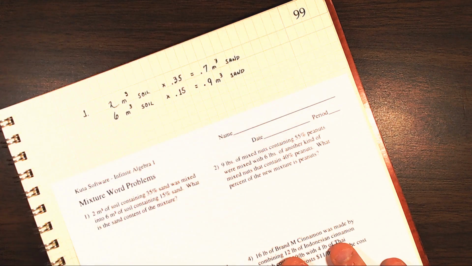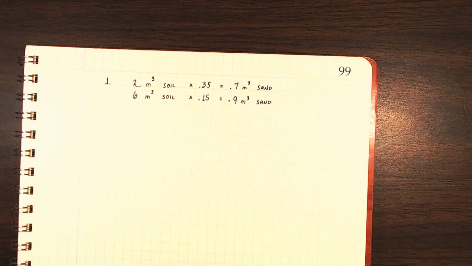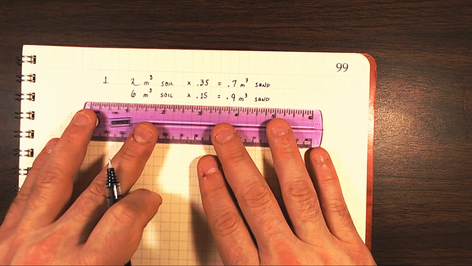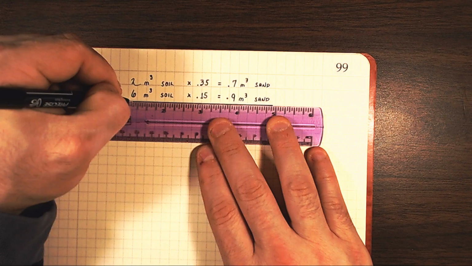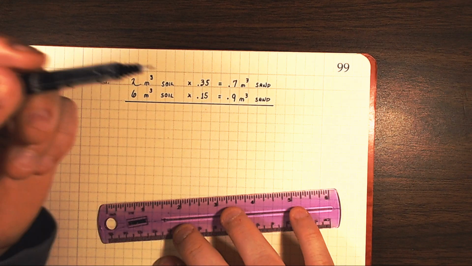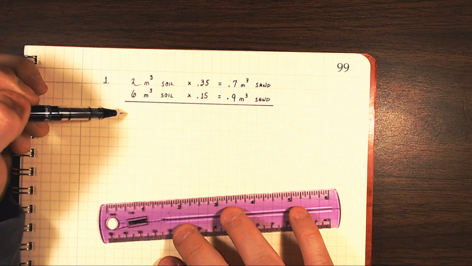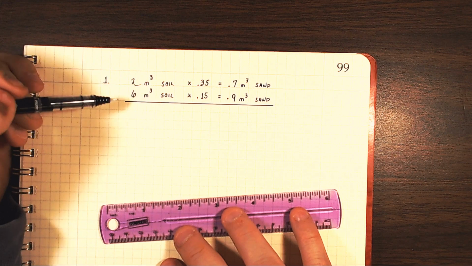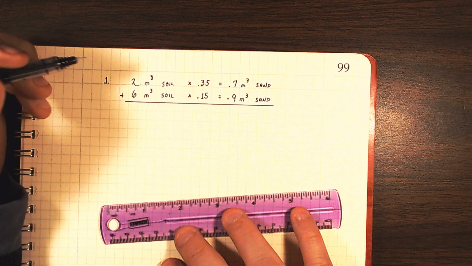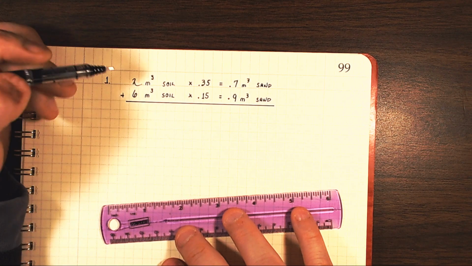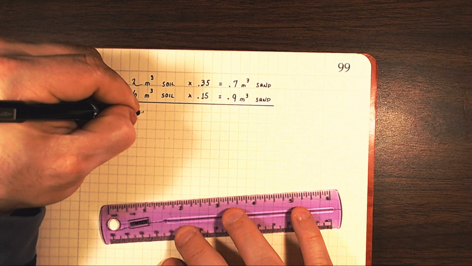So here's the thing. These 2 batches have been added together. So the question is, what is the total quantity of soil in the new combined mixture? Well, it was the original 2 plus 6, so there's 8 cubic meters of soil.